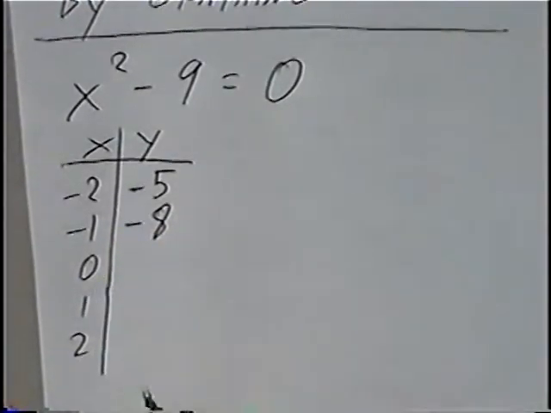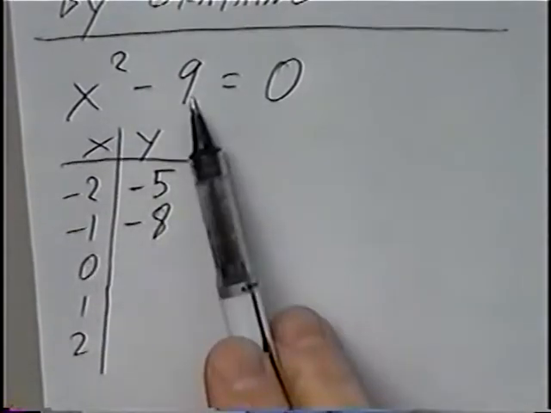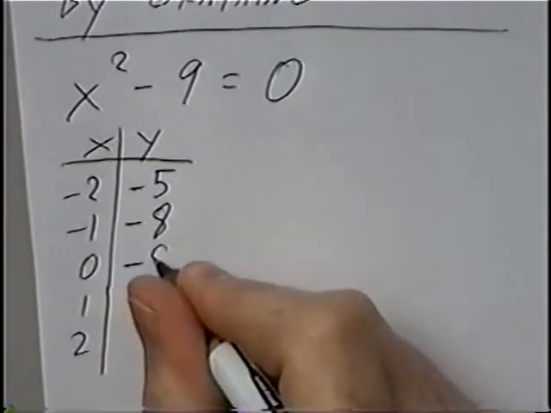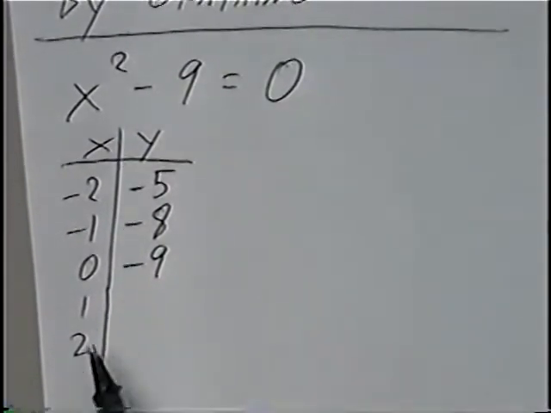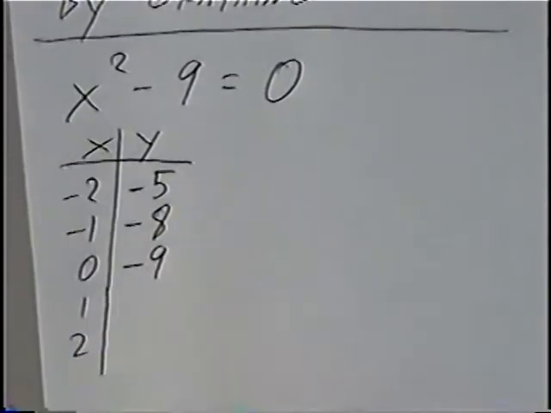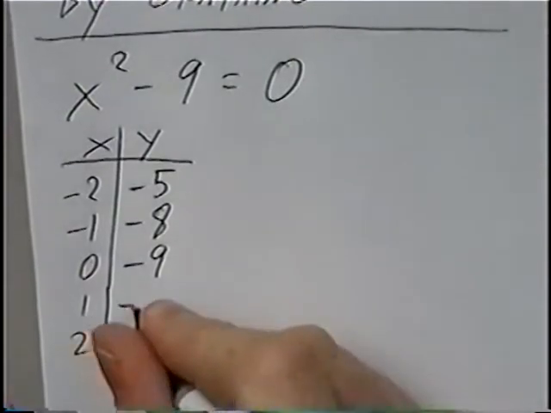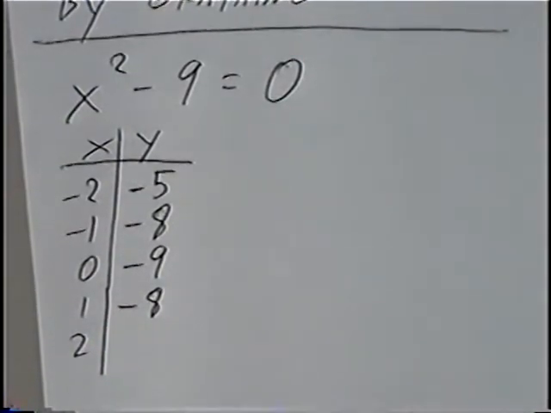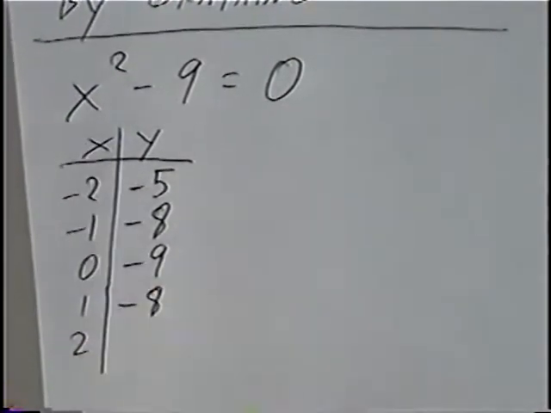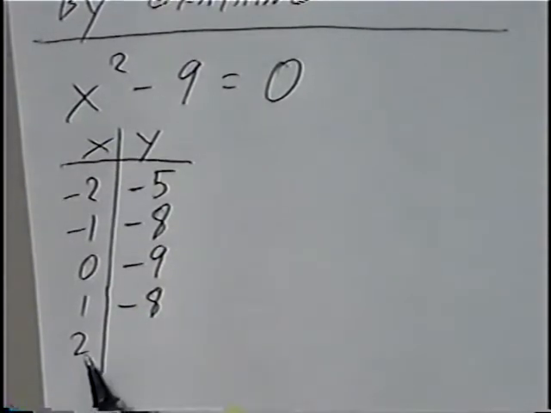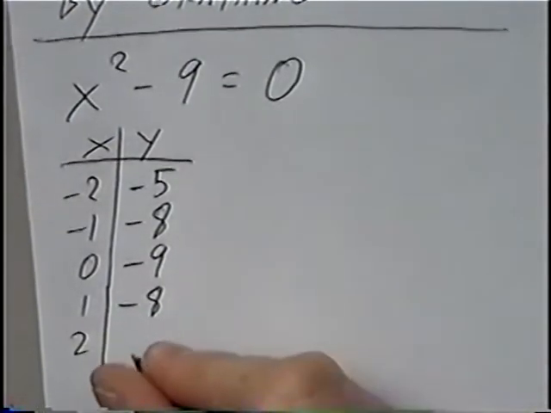Plugging a 0 in, 0 squared would be 0, subtracting 9 would be -9. Plugging a 1 in, 1 times 1 would be 1, minus 9 would be -8. And plugging a 2 in, 2 times 2 would be 4, 4 minus 9 would be -5.